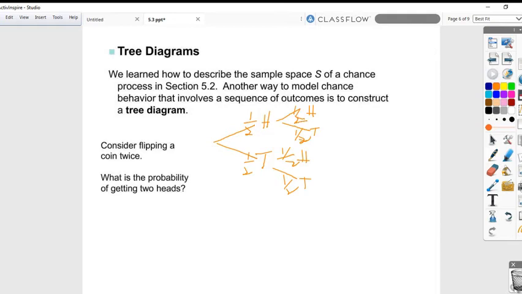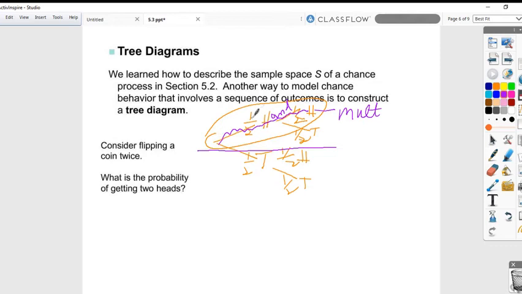Okay, so here are the rules with tree diagrams. As you're going through branches, like heads and heads, did you hear the and? Or heads and tails. As you're going through the branches, you're going to multiply your numbers. If you're in between, do you see how this is kind of like an in between?